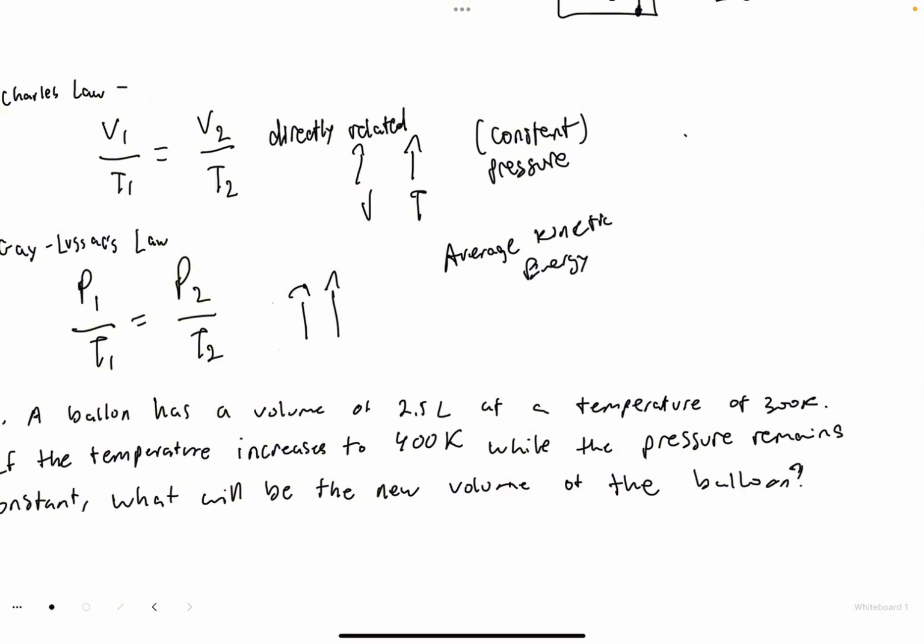And that would just mean there's more pressure, right? So it kind of makes sense. If you don't have a large pressure, then your average kinetic energy isn't as high, since there's not that many collisions. So it's like this domino effect, especially of Gay-Lussac.